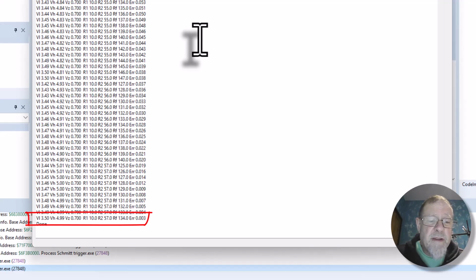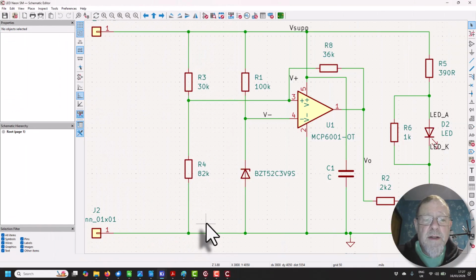So R1 we set to 10, so R2 has come out at 57, and R feedback 134. So the resistor numbers are different. In the program that's R1, that's R2 and that's RF.